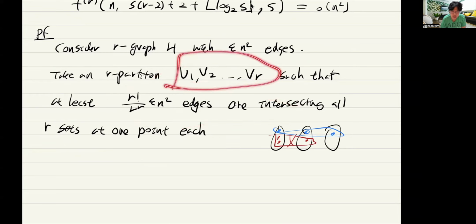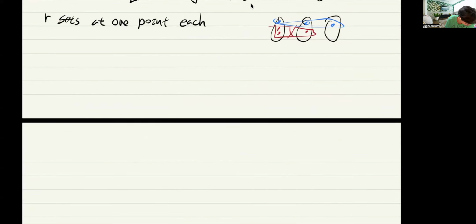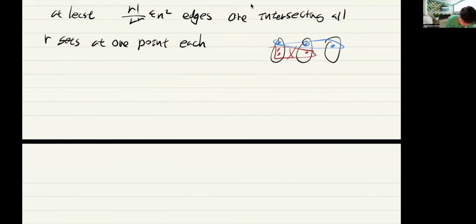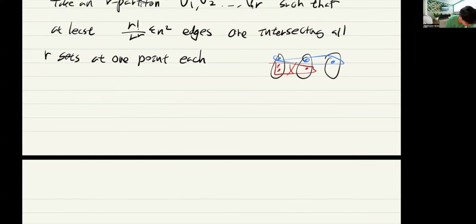You take a random r-partition, and then you consider the expected number of such edges. And you get this expectation. That shows that there must be a choice which does at least as well as the expectation. That provides you this partition. Then now we want to reduce our problem by considering the shadow graph.